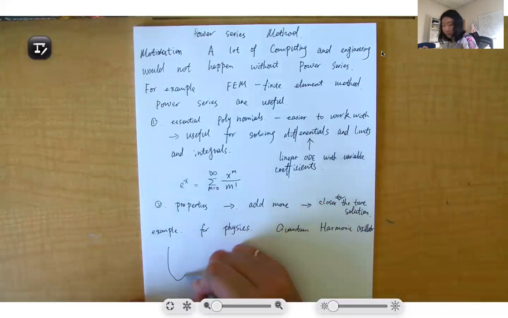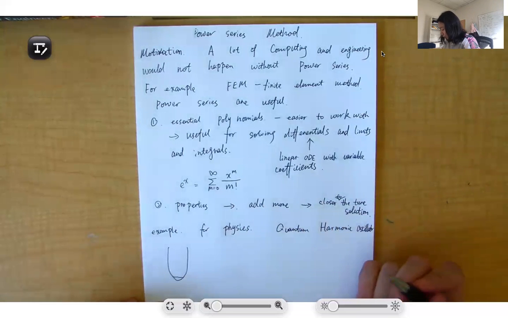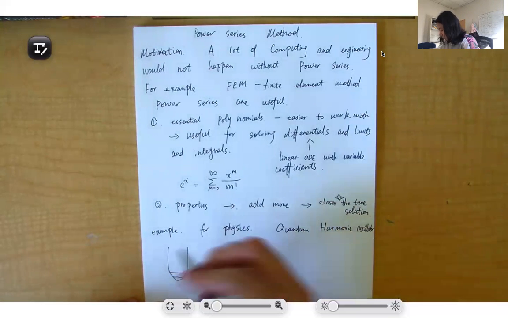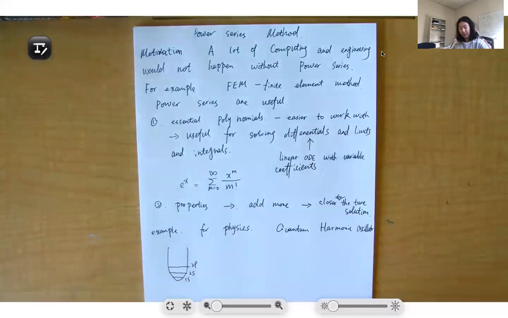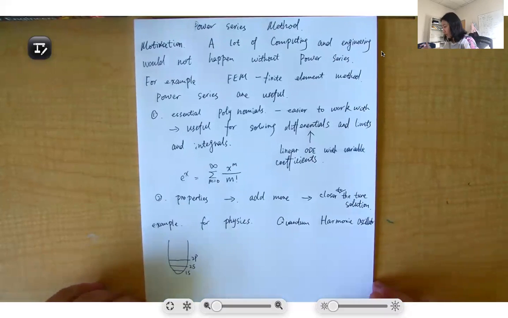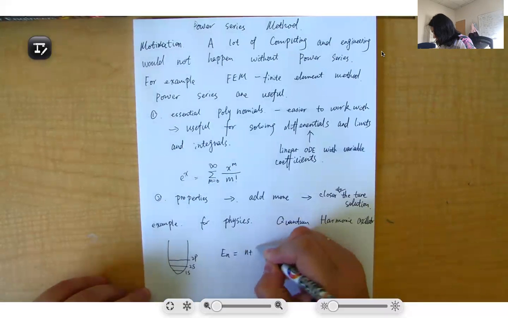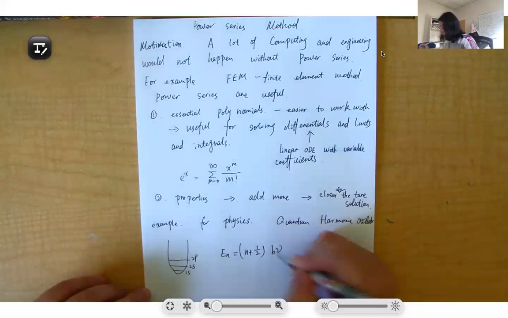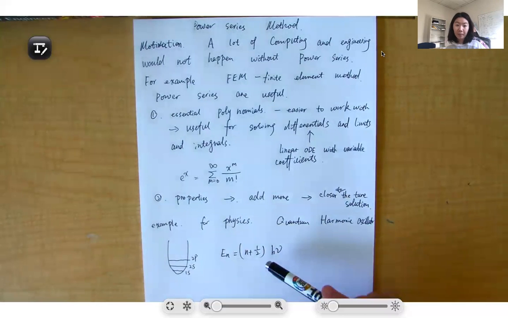So you have this potential well, you have basically the core electrons starting from 1s to 2s to 2p, and you can go to 3d, etc. Those quantum levels are solved by using power series. Okay, this E_n will be equal to (n plus 1/2) h nu. So these equations were essentially solved by power series.